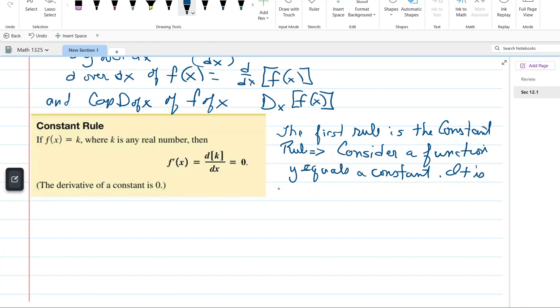It's always a straight line, y equals some value.